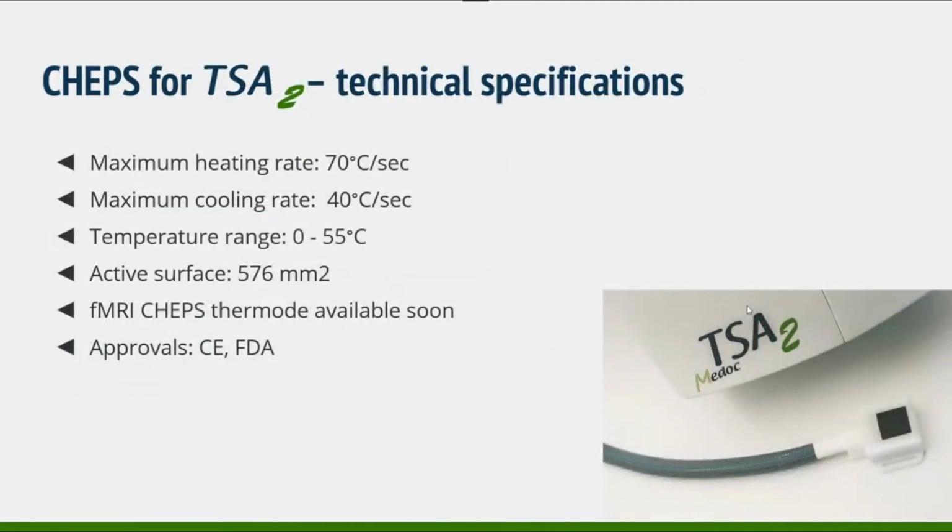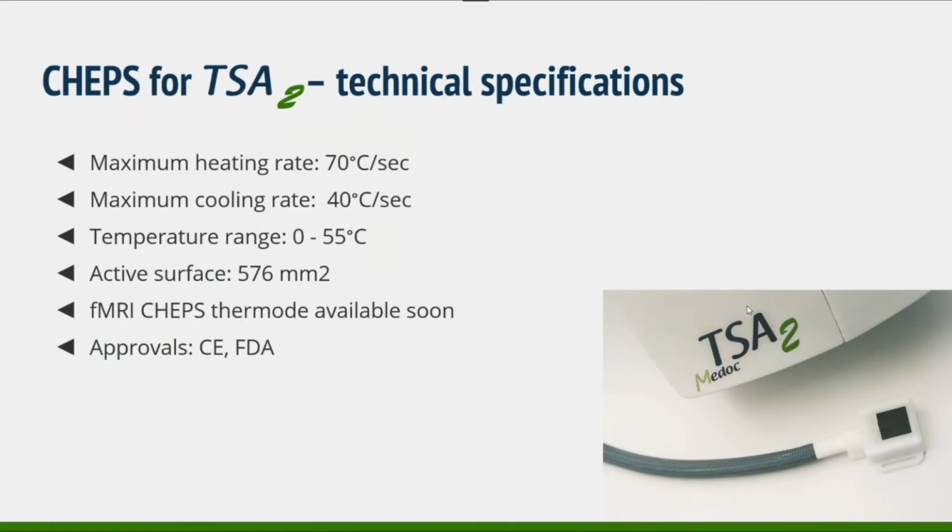So if we move to the technical specifications of the CHEPS thermode for TSA2, maximum heating rate is 70 degrees per second. Maximum cooling rate is 40 degrees per second. And for those of you who are or were using our previous CHEPS generation thermode, pathway CHEPS, these are not new to you.